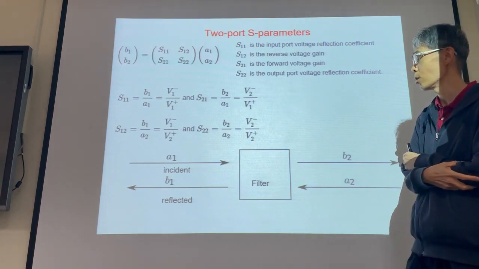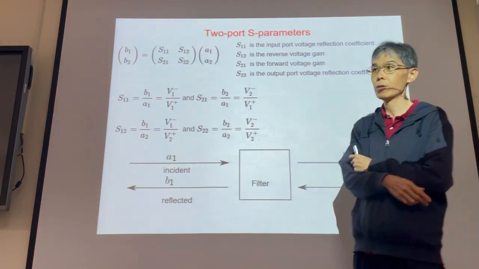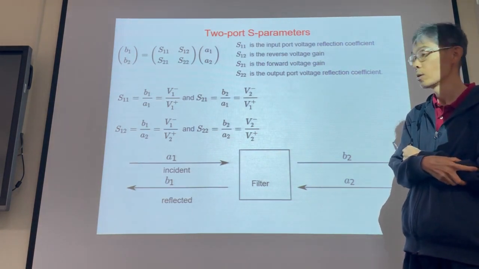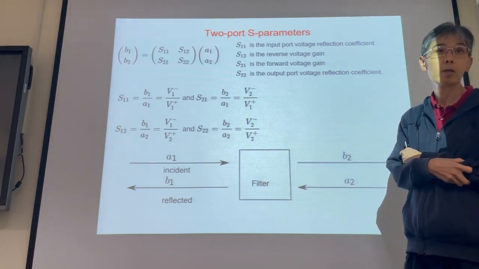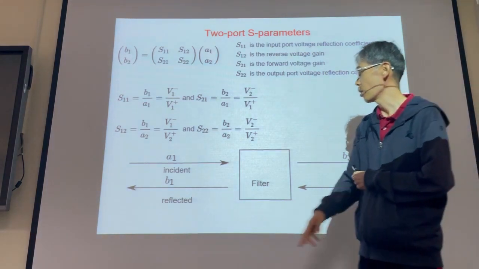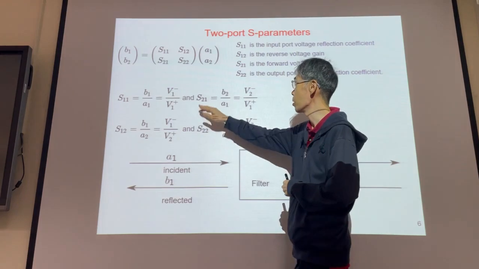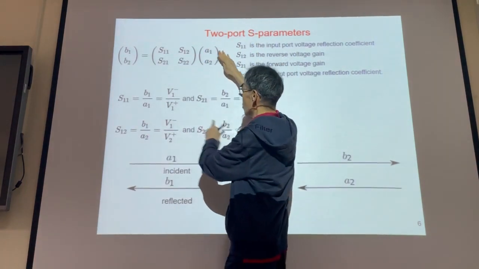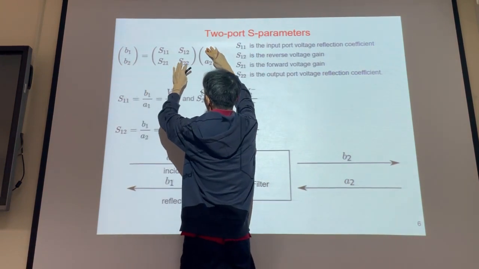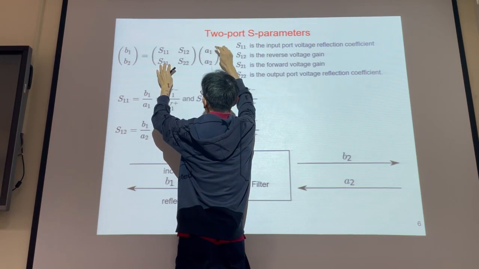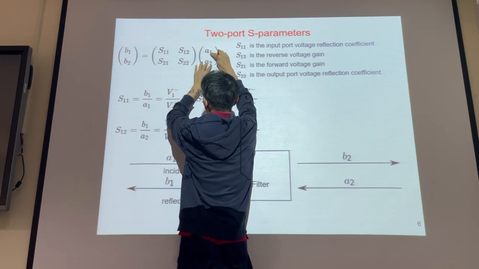So under which condition can we write down this solution? Under the condition when A1 is 0, we can write B2 equal to S22A2, because B2 should be equal to S21A1 plus S22A2.